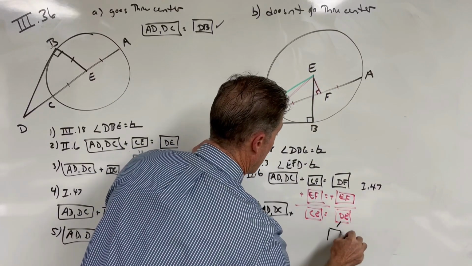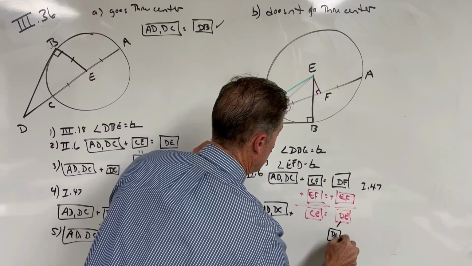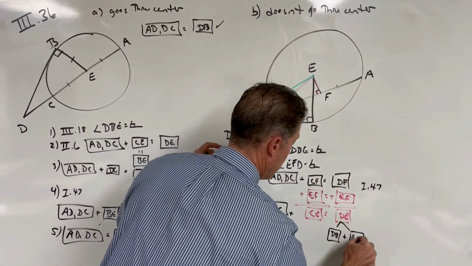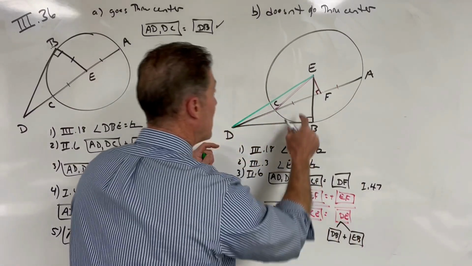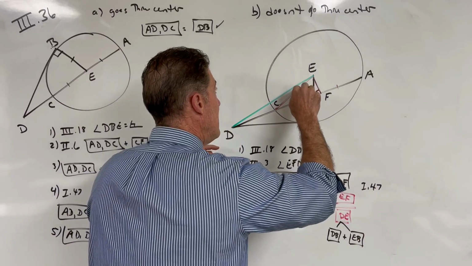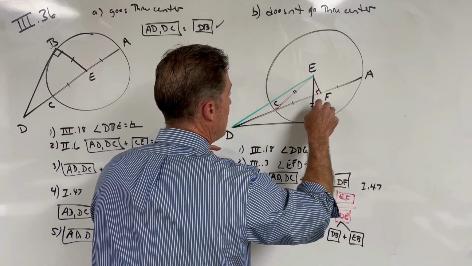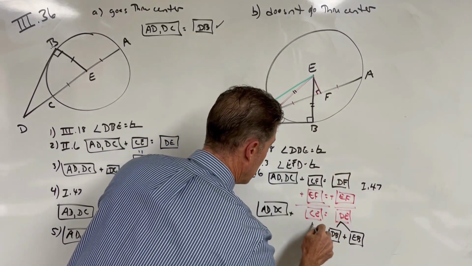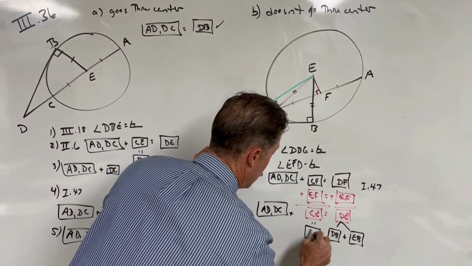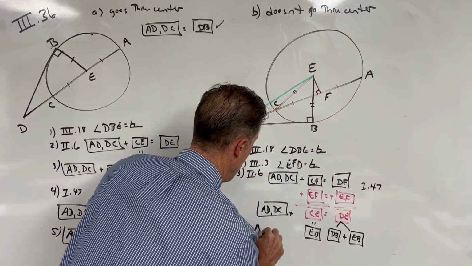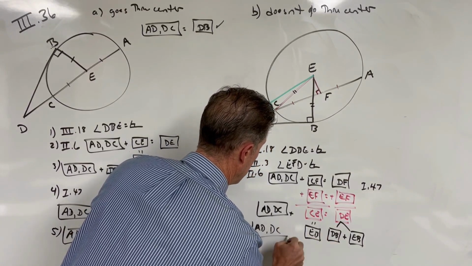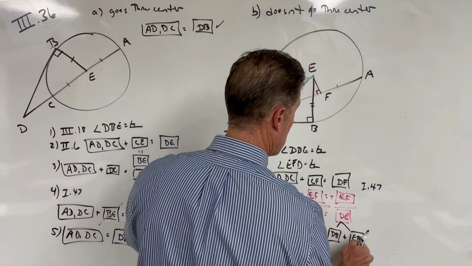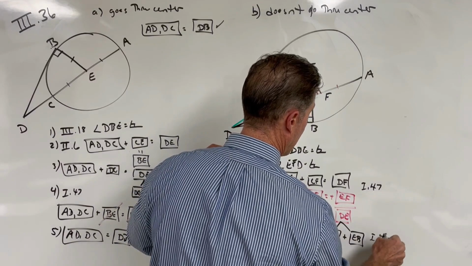So this is the square on DB plus the square on EB. And we can note that CE is a radius and EB is a radius, therefore the square on CE is the same as the square on EB. So we can rewrite this as the square on EB. So now we have ADDC plus the square on EB is equal to the square on DB plus the square on EB. Again, we used Prop 47.